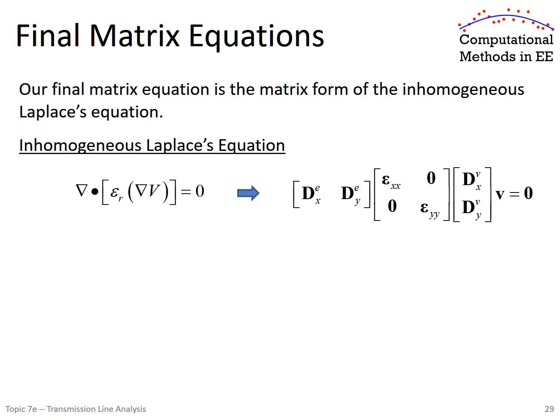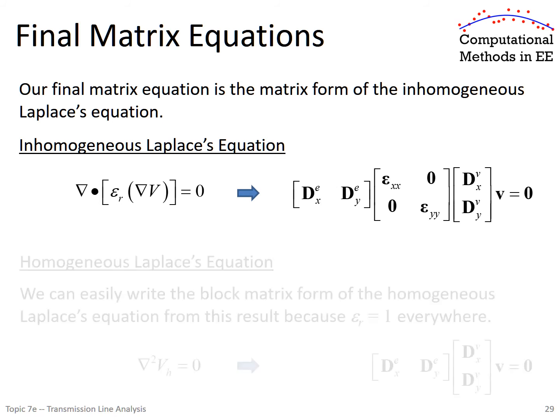So we did this analytically. We ended up with this as our inhomogeneous Laplace's equation. This really is the matrix form of this equation. And we could multiply that out, but we don't need to. Why not just leave things in their simple block matrix form? We can build them that way, we can use them that way, and it turns out it's more convenient. So that's the inhomogeneous Laplace's equation.